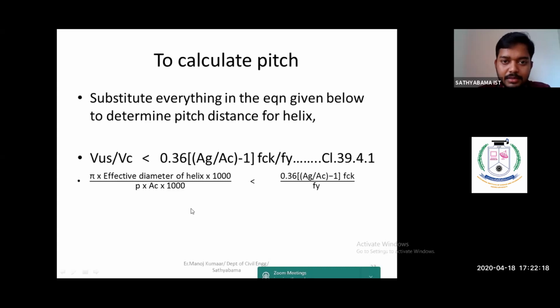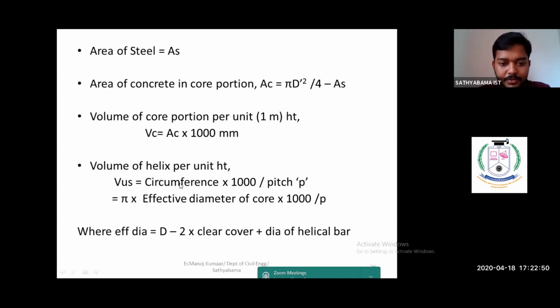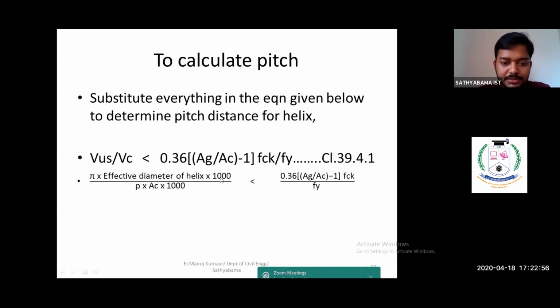Now we will calculate the pitch according to the codal provision, which is specified in clause 39.4.1, that is the ratio of volume of helical bar divided by the volume of concrete. This ratio should be greater than 0.36 times (Ag divided by Ac minus 1) into fck divided by fy. So what is VUS? We have calculated in the last slide. Just substitute here, pi into effective diameter of helix into 1000 divided by pitch, over volume of concrete.